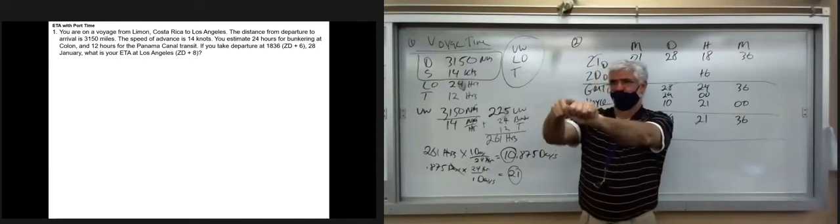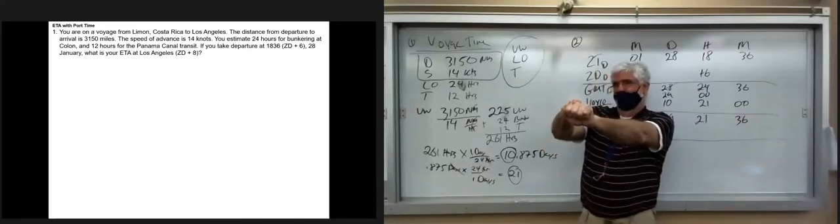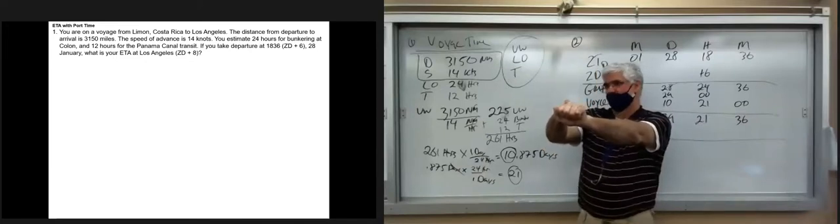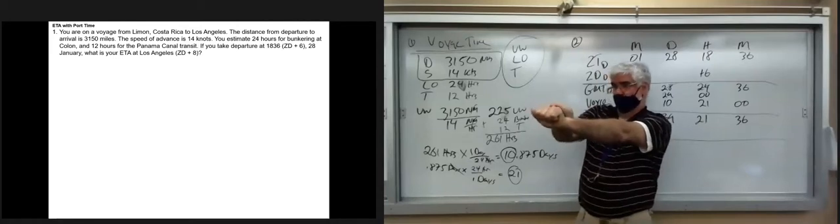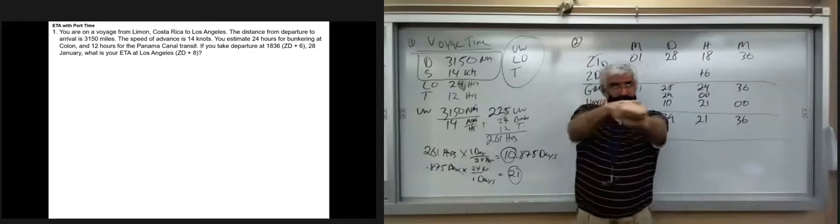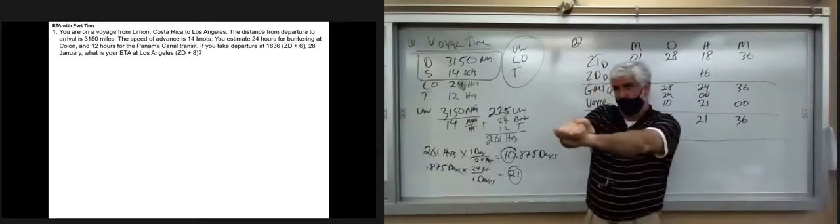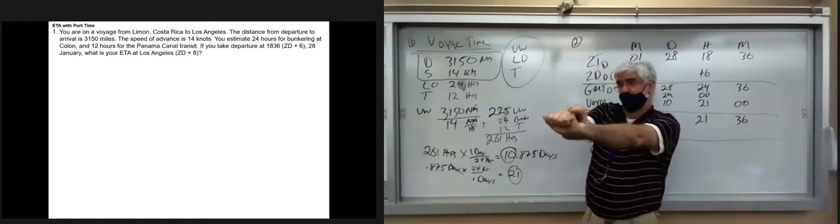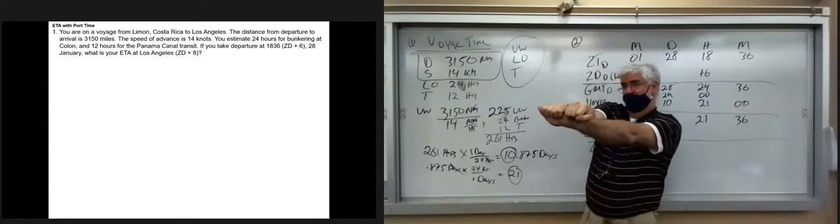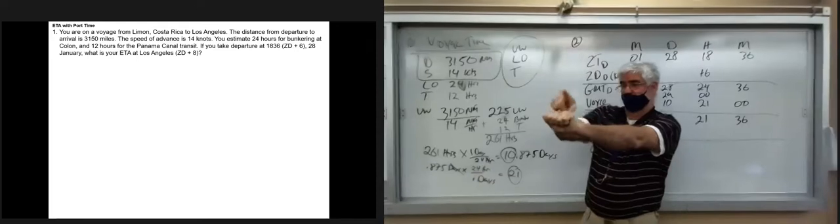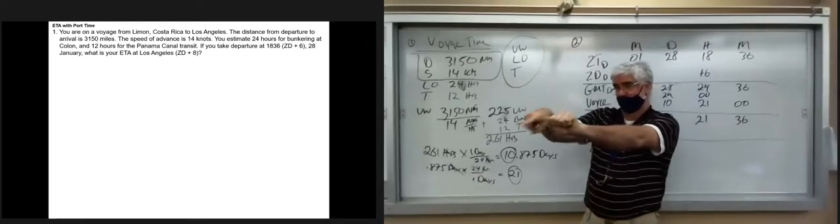So January, 31. February, less than 28 or 30. March, 31. April, 30. May, 31. June, 30. July, 31. I go to my second hand, August, 31. Or I can just go July, August, and then start working my way back.